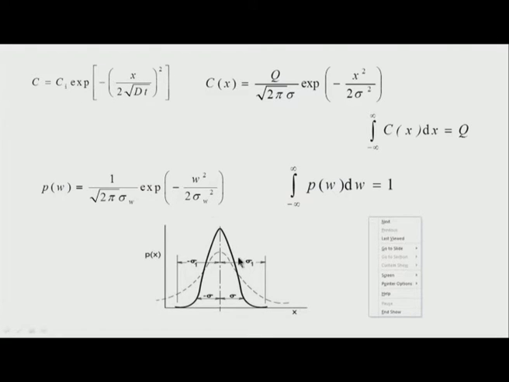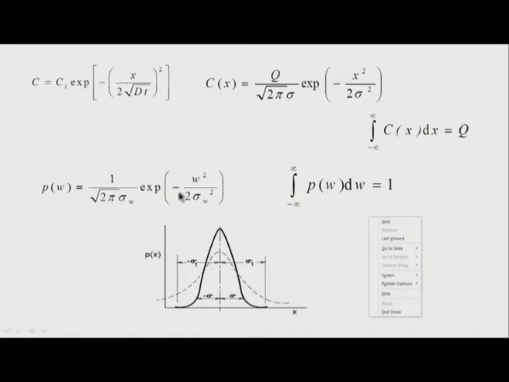It has the decaying characteristics of a Gaussian distribution. If I have a distribution function p, it is given by 1 over under root 2 pi into the standard deviation into exponential of minus a dummy variable w squared divided by 2 into the standard deviation square.